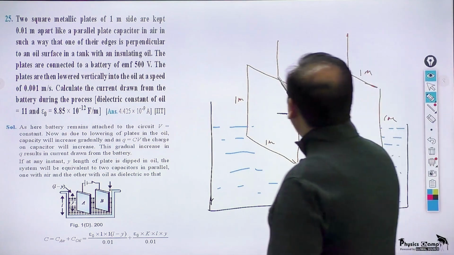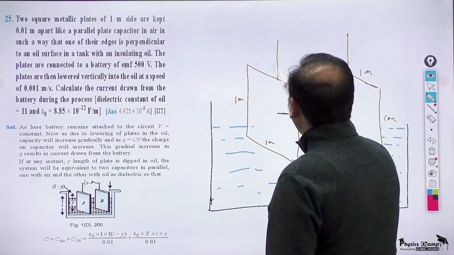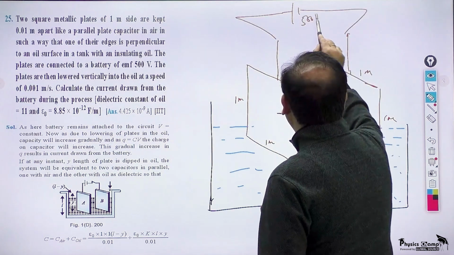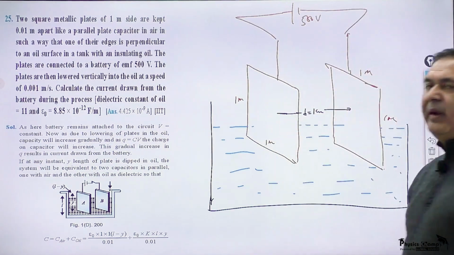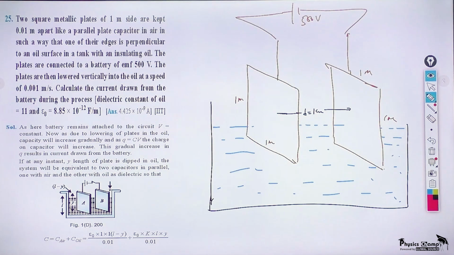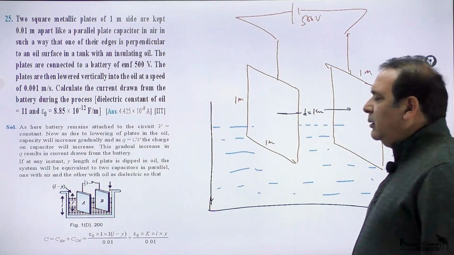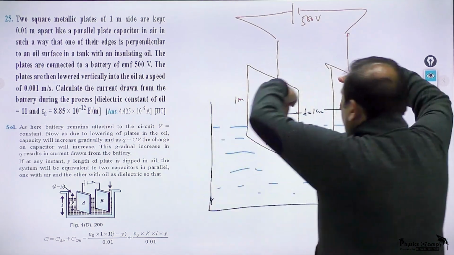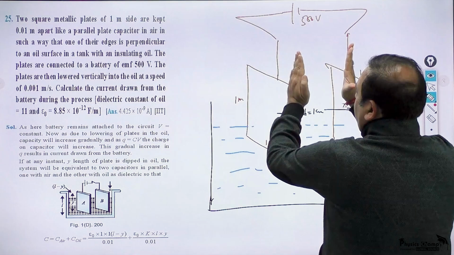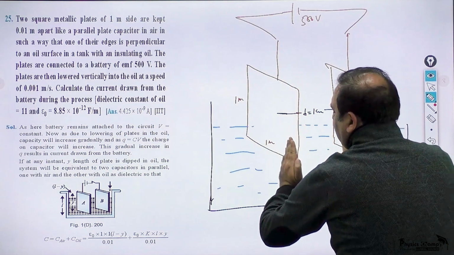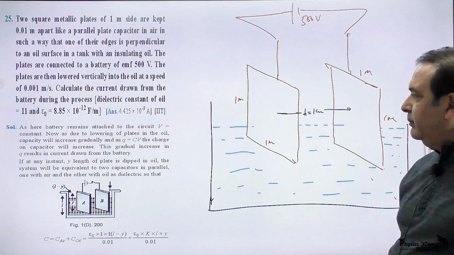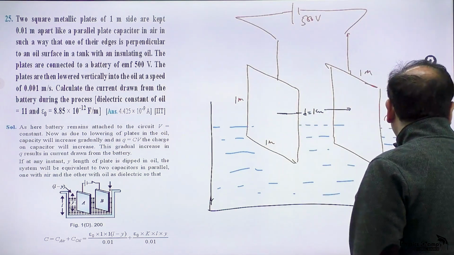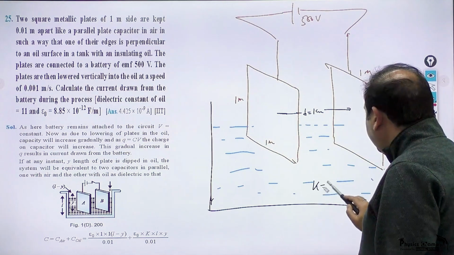These two capacitor plates are connected to a battery of EMF 500 volt. And then these two square plates are moved down with some velocity into this oil, where this oil has a dielectric constant of 11.